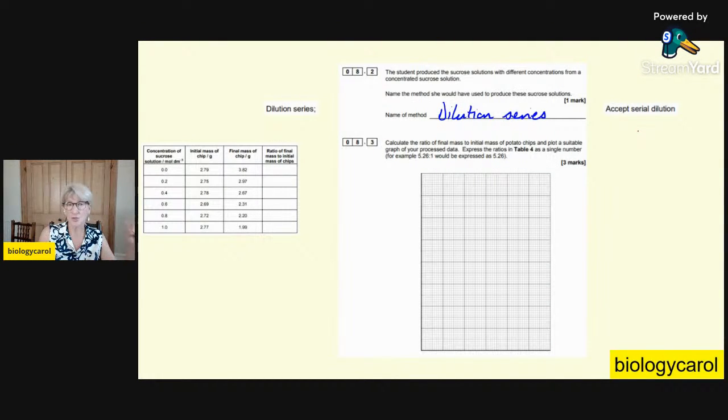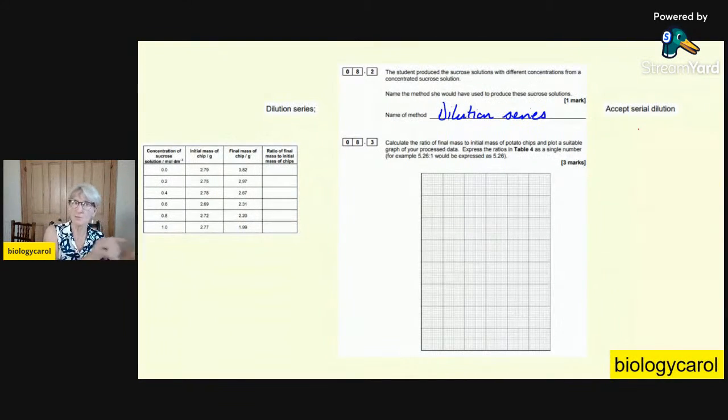A serial dilution strictly is when the dilution is the same factor every time. So if it was being diluted by a tenth every time, the dilution series would go down, for example, from 1 to 0.1, a tenth of that 0.01, a tenth of that.